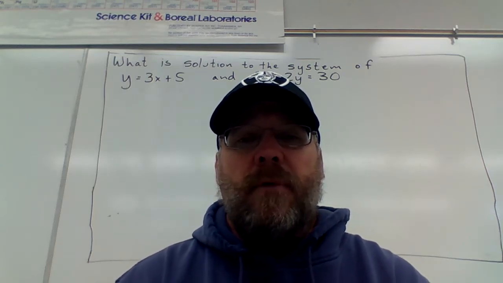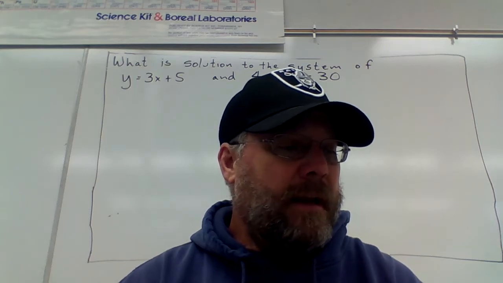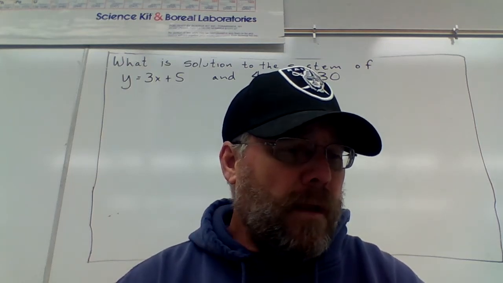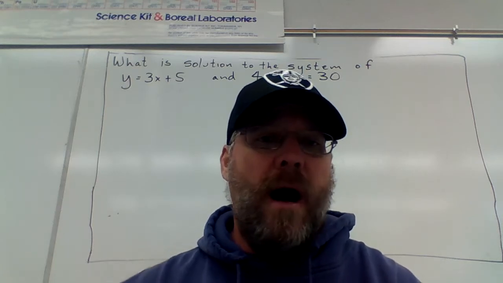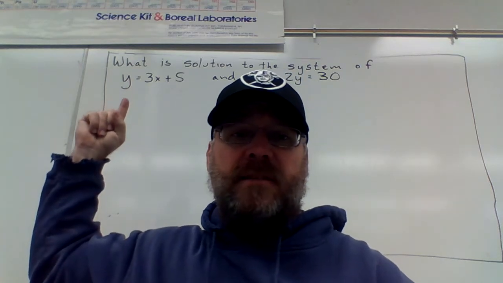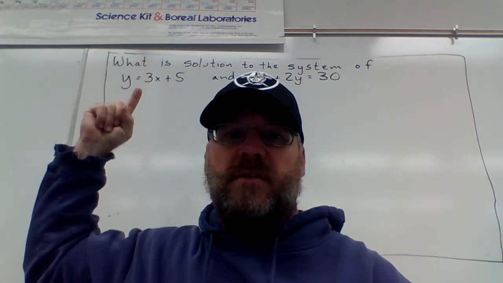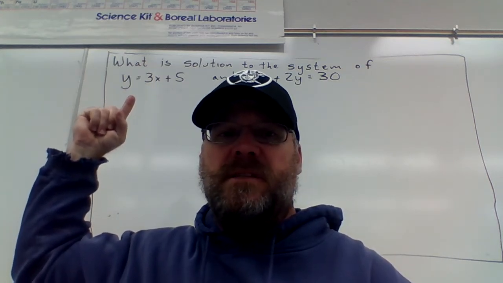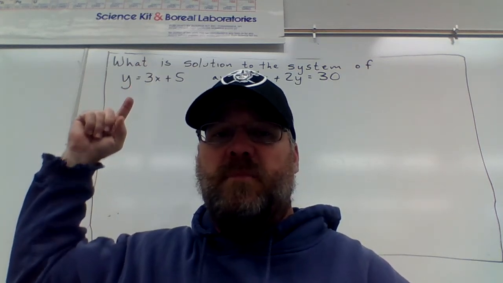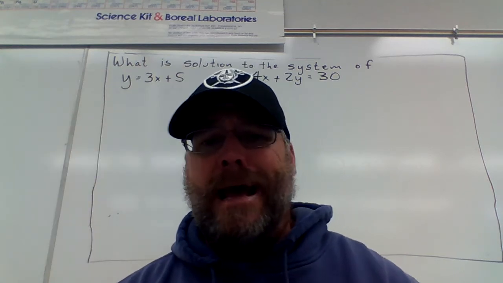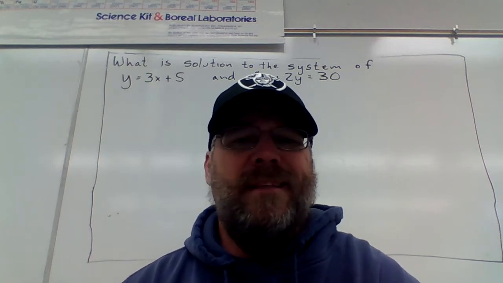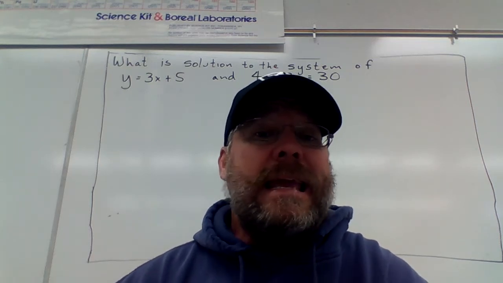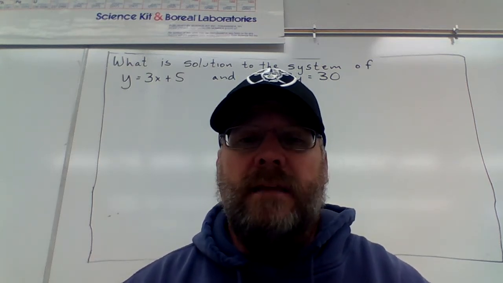So, anyway, what I find is that it's one of the easiest ways if the y or the x is already given to us. So it's already solved for. In this case, we see that y equals 3x plus 5. If we had x equals 6x plus 4 or 6y plus 4, something like that, that would be an easier way to do it.